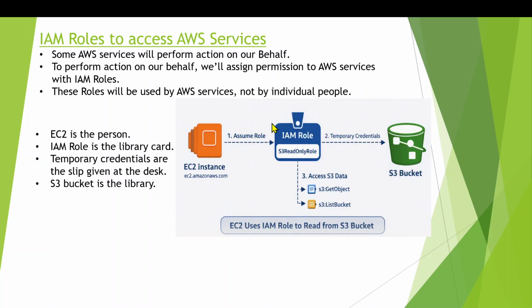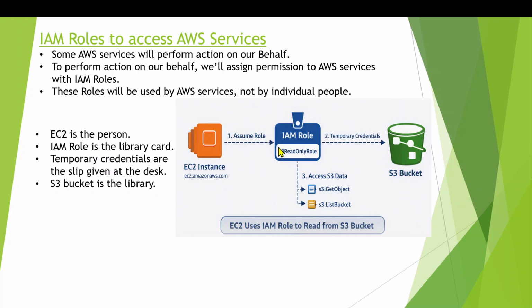For that, we will create an IAM role and give it a read-only permission. So human interaction is not needed. We don't need to log in and enter the username and password manually. It already has a username and a temporary password.